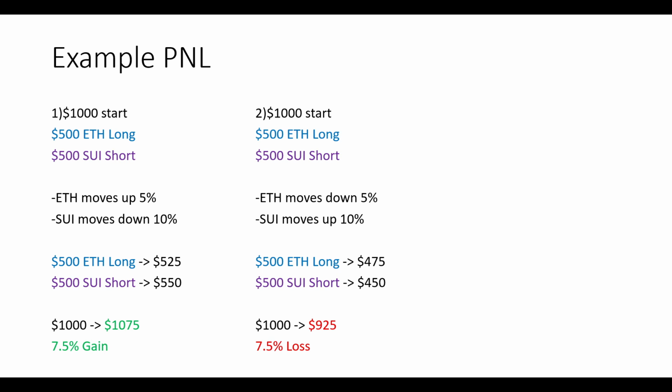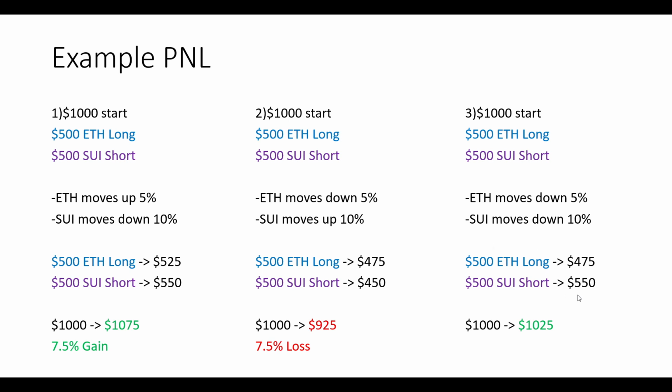There are 4 different ways that this can go, but it would just be the opposite of what we're seeing here. ETH moves down 5%, so you're losing money on your ETH long, and then SWI moves down 10%, so you're making money on your SWI short. So in this scenario, your $500 ETH long turns into $475 and your SWI short makes you $50. Your final balance is only up $25, so that's a 2.5% gain.